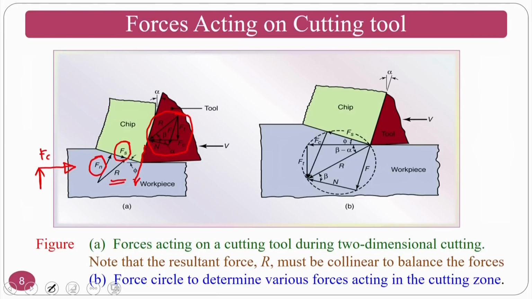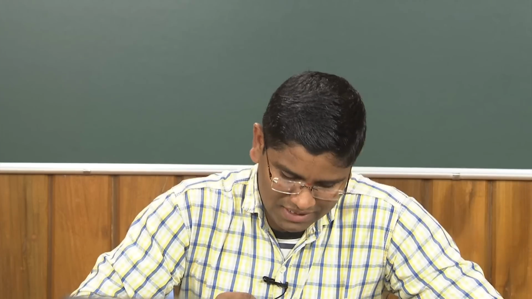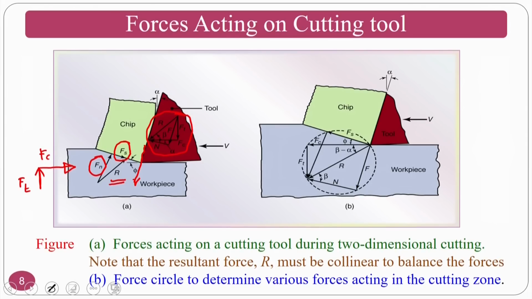Okay, so this is called Ft. As you can see in red, the frictional force acts along the direction of the rake surface, the interface of the chip flow and the tool rake surface, and perpendicular to it will be the normal force.